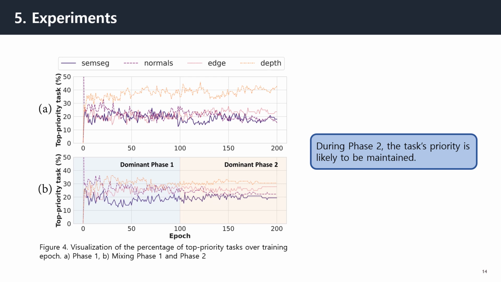We compare the scenario where only phase 1 is utilized and when both phase 1 and phase 2 are employed. Our findings indicate that phase 2, particularly in the latter half of the optimization process, effectively preserves the learned task priority. This approach to priority allocation prevents any single task from exerting a dominant influence over the entire network, thereby promoting balanced multitask learning.